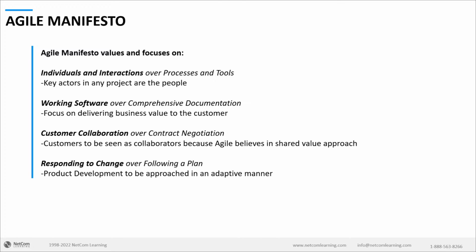The reason why we use the word working software is because primarily when we started with Agile, it was considered to be a project management approach precisely designed and developed for application and software development. Now, keep this in mind, this is when Agile was at its very beginning.